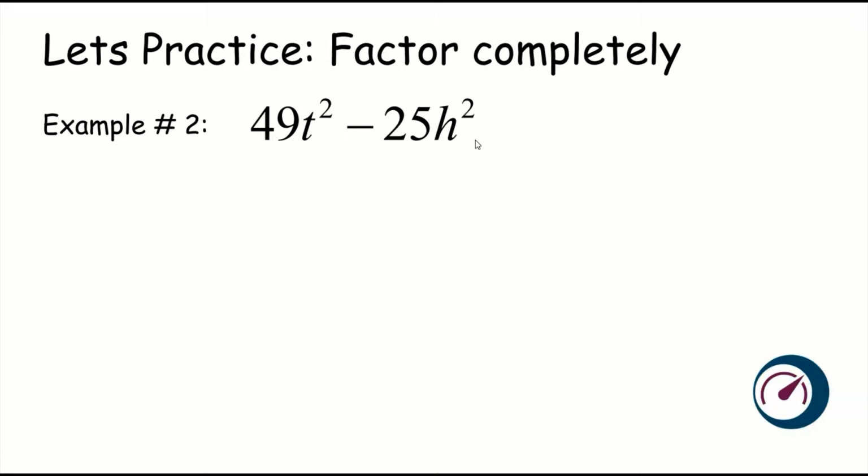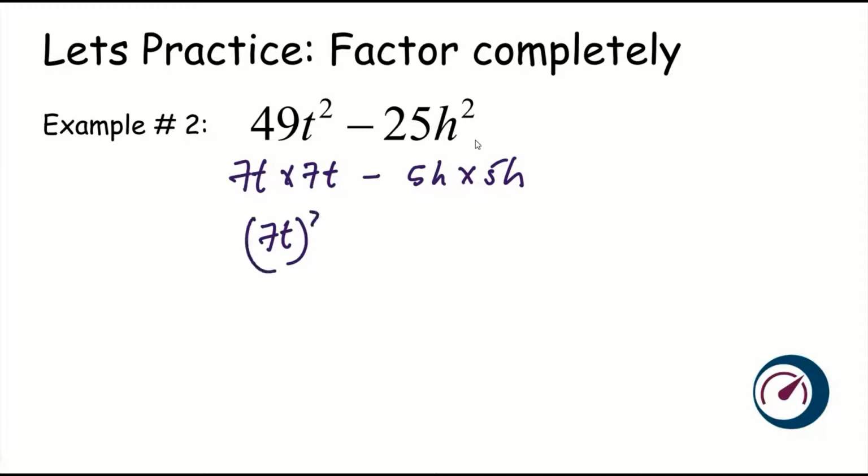So we know that 49t squared is the same thing as saying 7t multiplied by 7t, minus 5h times 5h. So now we have (7t) squared minus (5h) squared. So we have one perfect square subtracting the other perfect square.